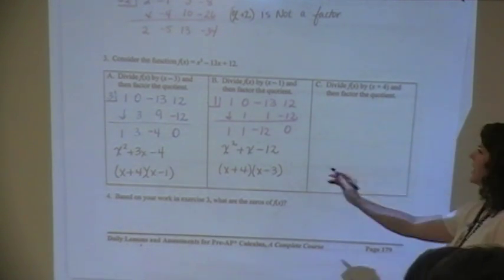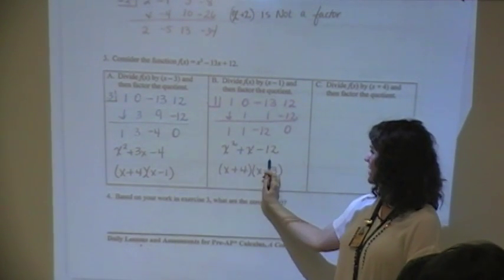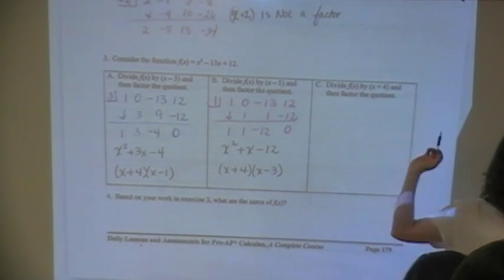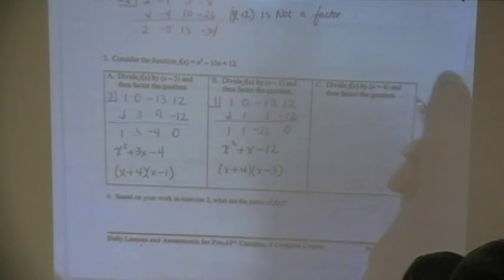So I synthetically divided, I got to here, I had to go back and put my answers on it, and then I factored as (x plus 4)(x minus 3). One more time, this time they're telling us to do it by x plus 4.